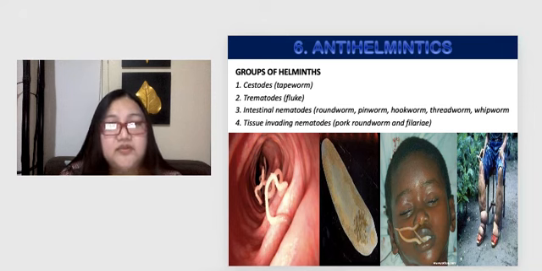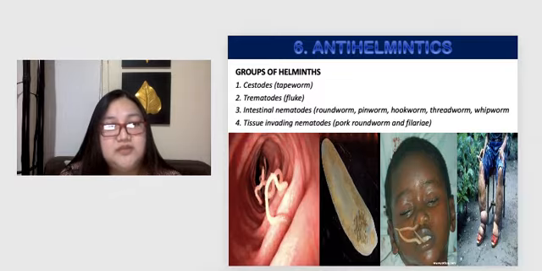And the fourth, in the photo, are the tissue-invading nematodes. They are the pork roundworms and the filariae. Yung mga pork roundworm, ito naman yung mga mahilig kumain ng mga raw or inadequately cooked pork.